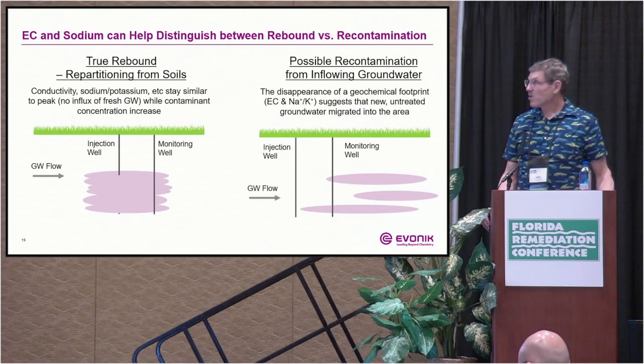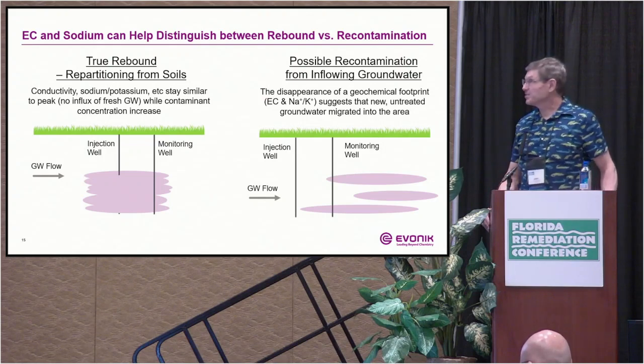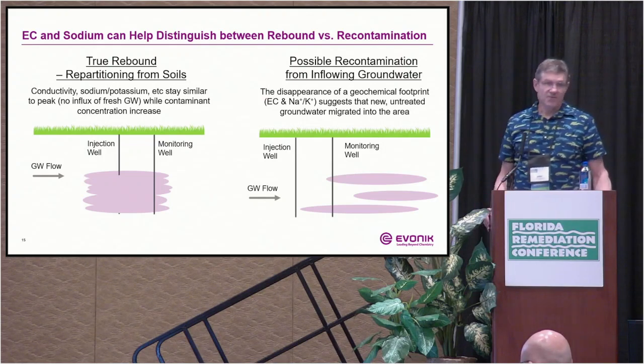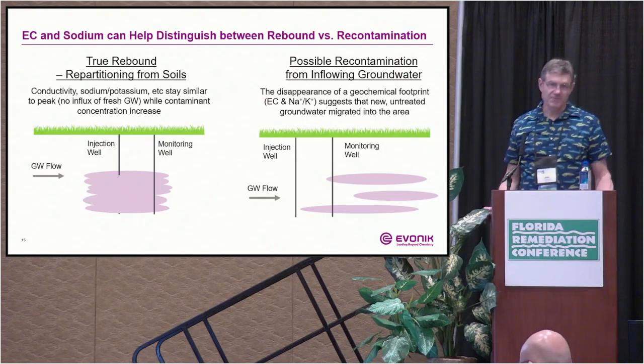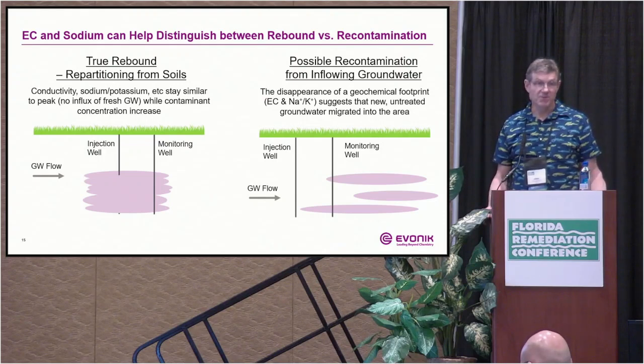The real difference is, what do you see with those other parameters? The conductivity, the sodium, potassium, the pH. If those parameters remain relatively the same and your contaminant concentrations come back up, that's rebound, because your groundwater hasn't moved. You don't have fresh groundwater coming in. That's redesorption within that matrix.